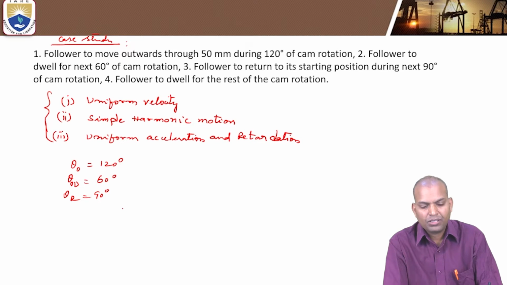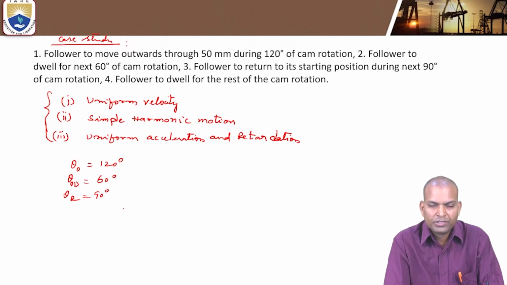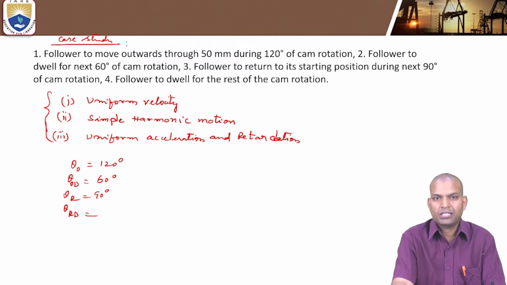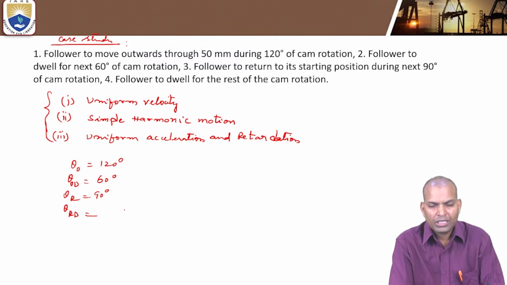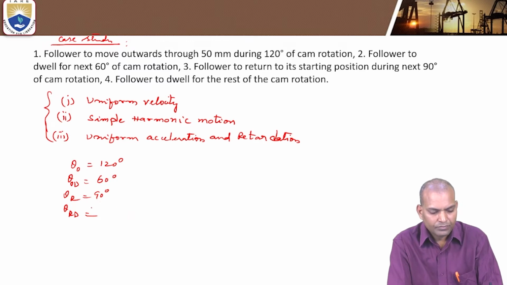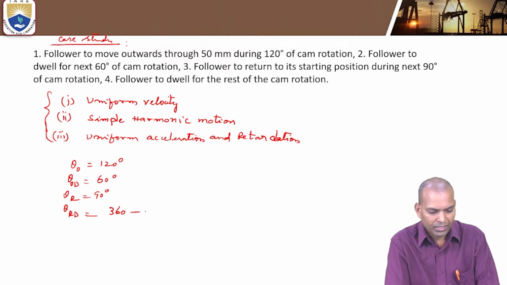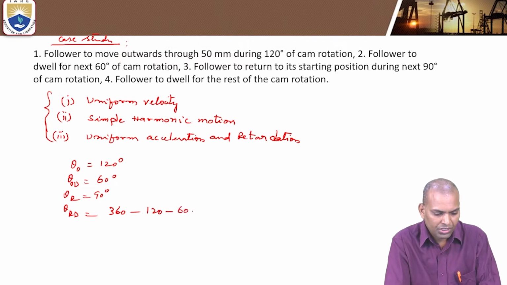And the follower is to dwell for the rest of the cam rotation. The total is 360 degrees for one rotation of the cam. So 360 minus 120 minus 60 minus 90.